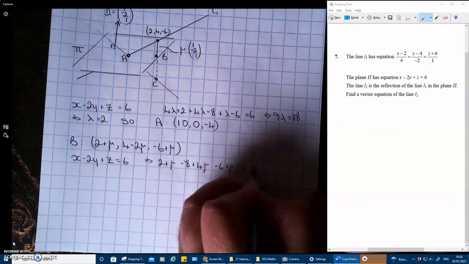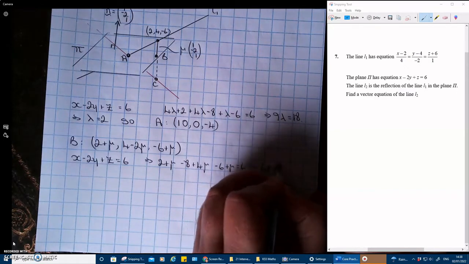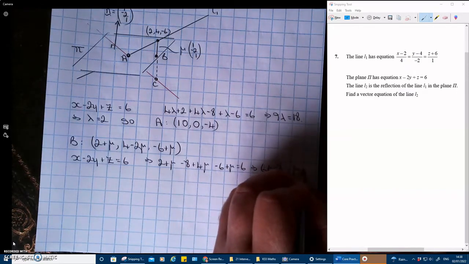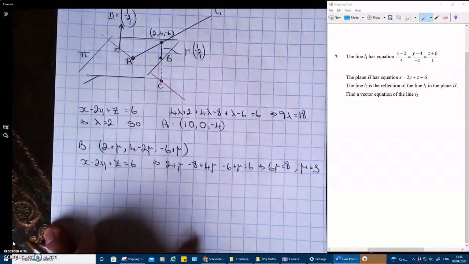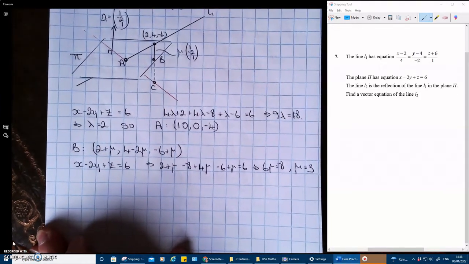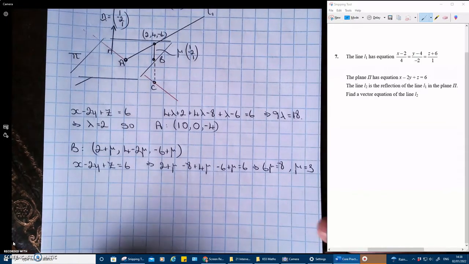That gives me 6 mu is 18, so mu equals 3. Okay, so mu is equal to 3.